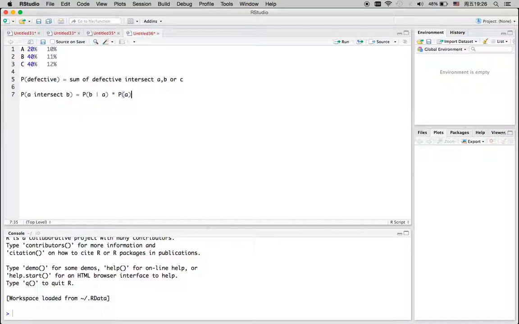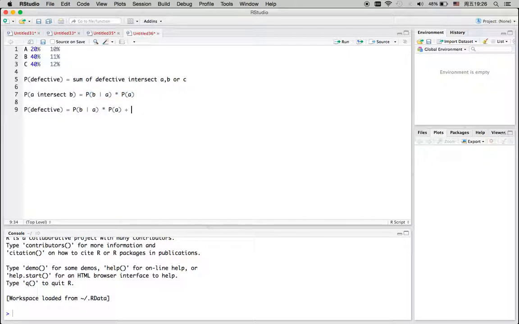So now if we want to find the probability of defective, we simply find the sum of the three probabilities.